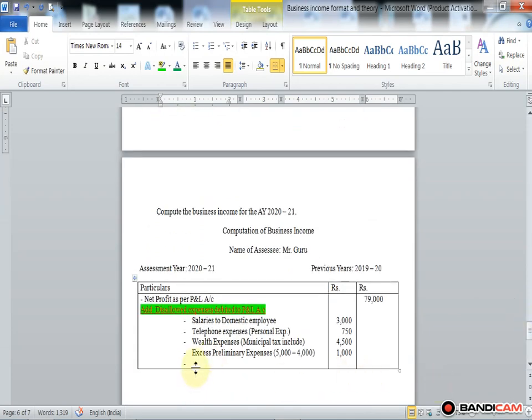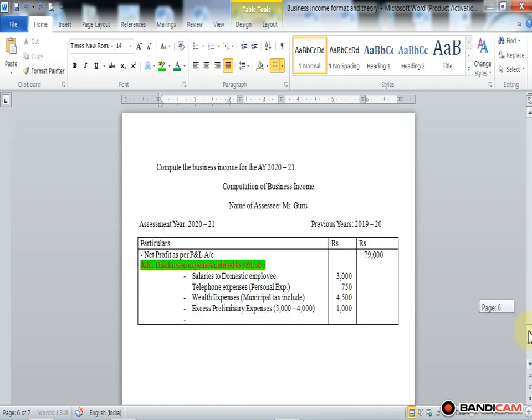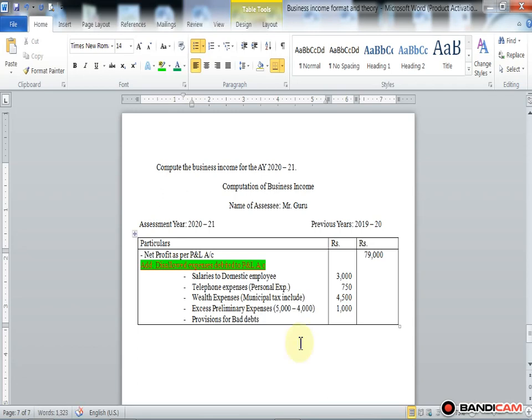So provisions for bad debts amounted to rupees 9,000.